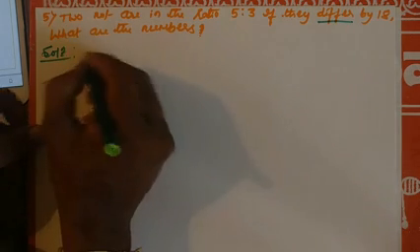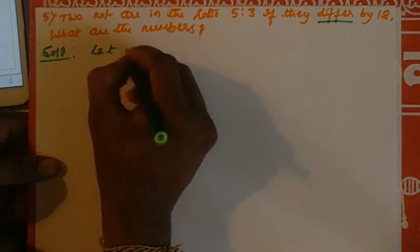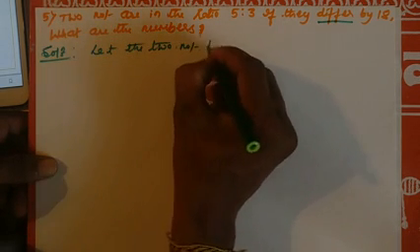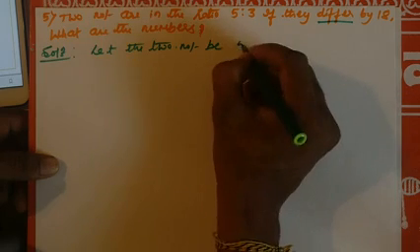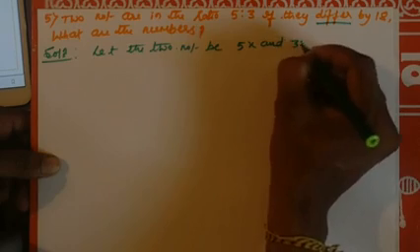Okay. Solution. Let the two numbers be 5x and 3x, correct?